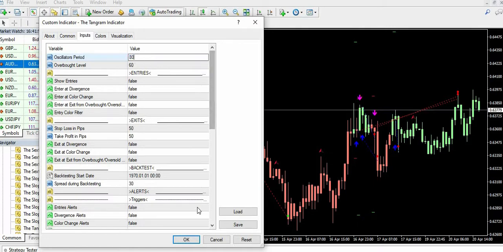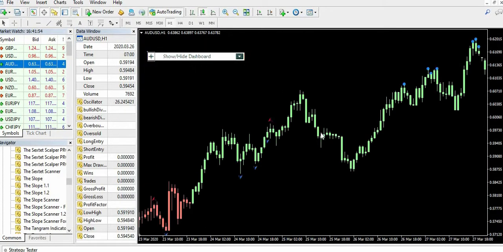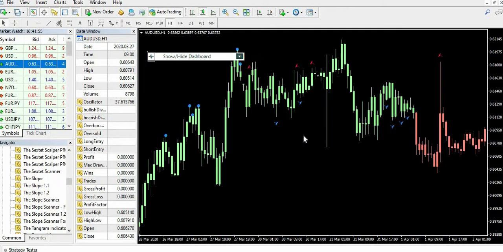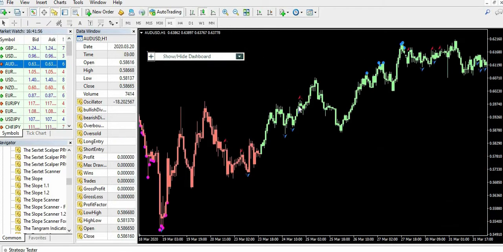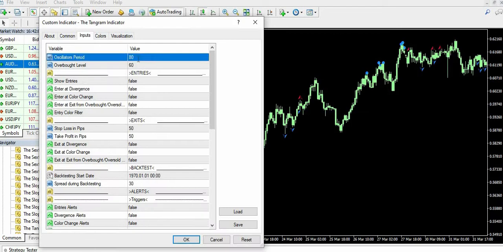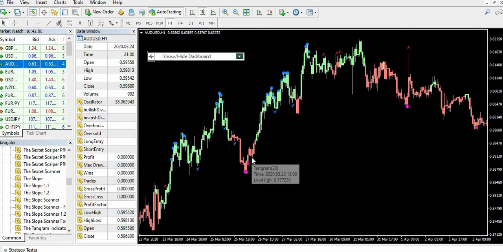I'm gonna just change it and see how it changes the price. You see, this is longer, and you could get longer trends, because you could also set it shorter and catch smaller trends, as you see here.